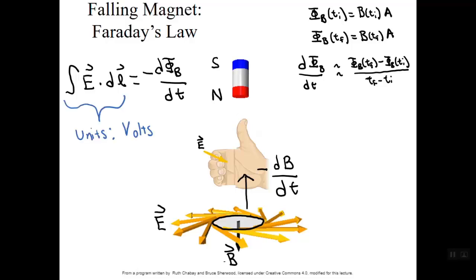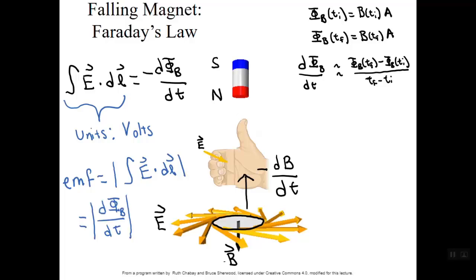We know that this expression has the units of volts, as does the right-hand side of Faraday's law. And the physical meaning of the integral is that the magnitude of the integral represents an EMF, and the magnitude of the flux time derivative as well represents an EMF.